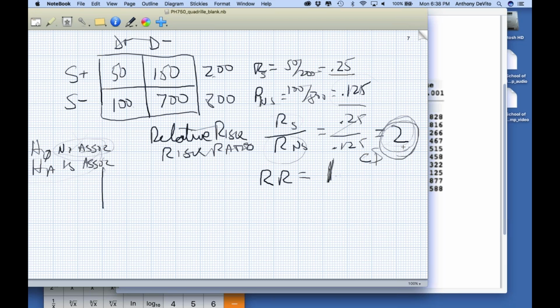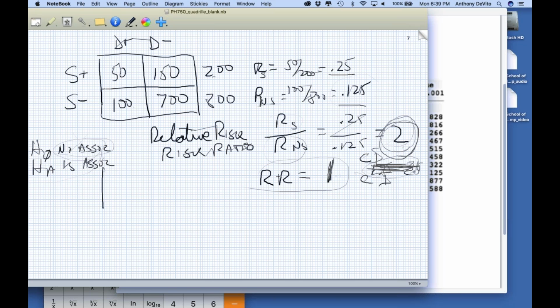It's nice that it's 2, but because the sample is small, the confidence interval might be 0.9 to 3.1. I can't reject my null hypothesis because it could be 1. But if my confidence interval is 1.5 to 2.5, then we're 95% sure it's not 1. So I can reject my null hypothesis. So I actually have to calculate a confidence interval, not just my relative risk.